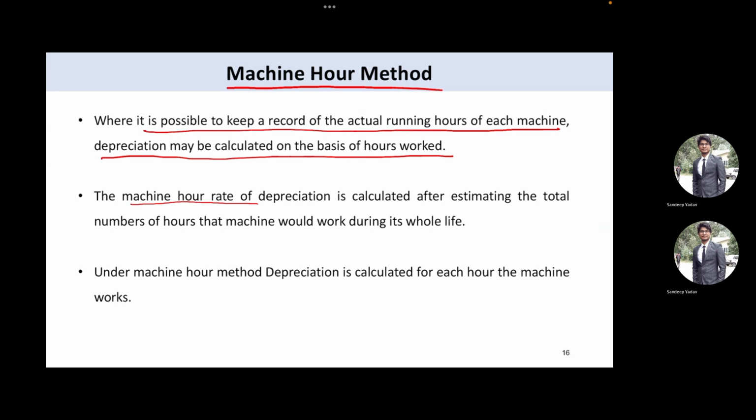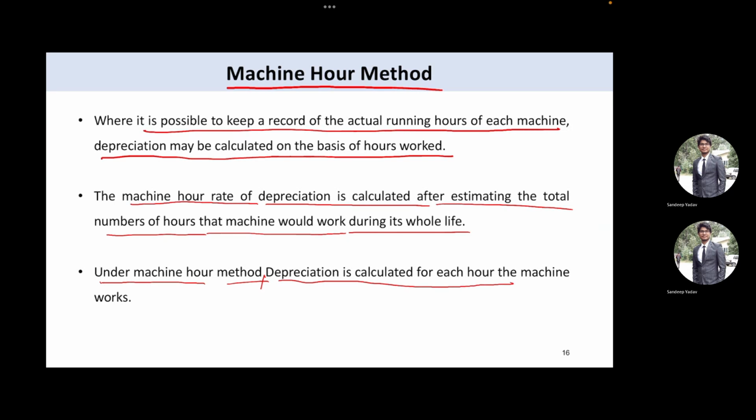The machine hour rate of depreciation is calculated after estimating the total number of hours that the machine would work during its whole life. Under the machine hour method, depreciation is calculated for each hour the machine works.